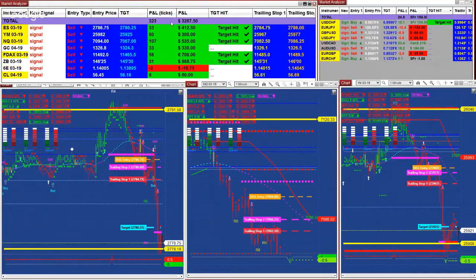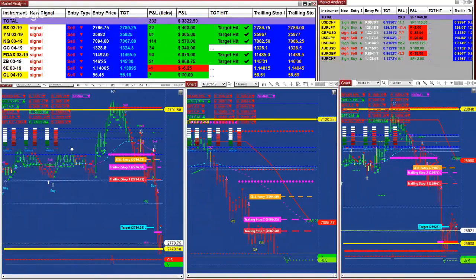I apologize. So right now, based on one contract, we have 361, 362 ticks.